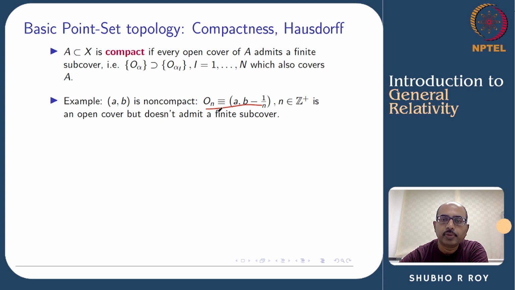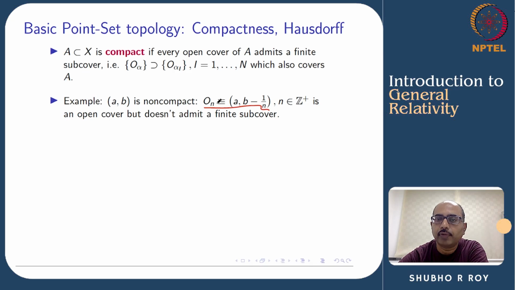For example, this is the cover O sub n, where n goes from 1 to infinity. This is an infinite collection of open sets which cover this, so you can easily check. So the idea is A, these are open intervals, B minus 1 over n. So it won't reach B unless you take n equals infinity.